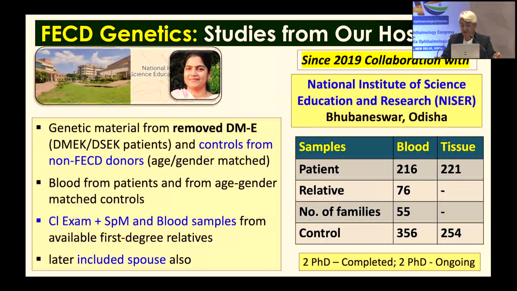I supply the clinical examination, specular microscopy, all these features, and try to analyze the first degree relatives and the pedigree. After a few observations, we later included the spouses of all the family. So far 55 family samples have been sent to NISER. Two PhDs have been completed there, and two PhDs are ongoing by their students under Dr. Debasmita.